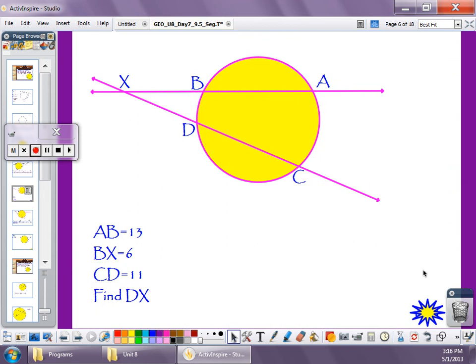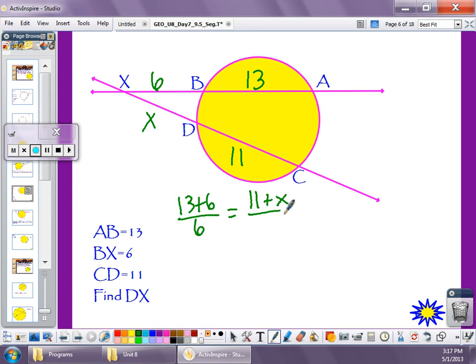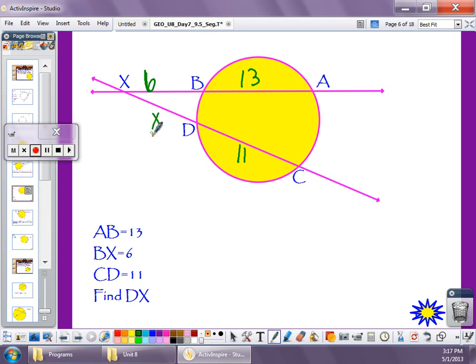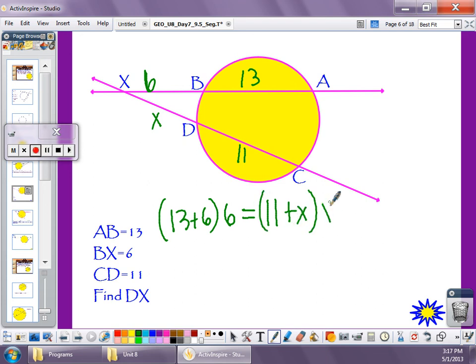Perfect. So here's an example. BX is 6, AB is 13, CD is 11, and I want to find DX, and I put X. So when I do this, it will be the whole part, 13 plus 6, times the outside part, which is 6, is equal to the whole part, 11 plus X, times the outside.